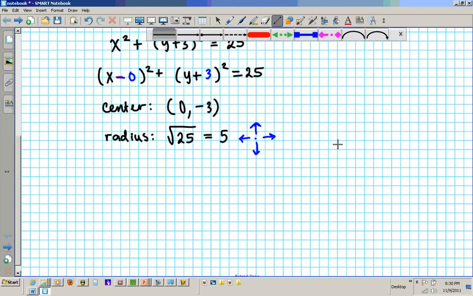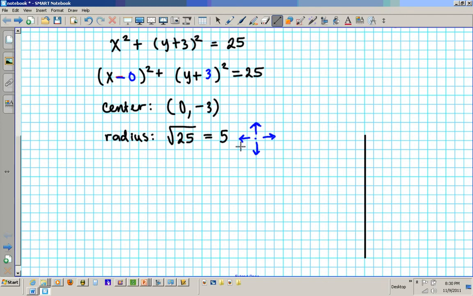So let's make our coordinate system. The x-coordinate is 0, so our y-axis goes right to the center. Our y-coordinate is negative, so our x-axis has to shift the opposite direction. Since it's negative, our x-axis has to go up a little bit, so the y-axis can go negative.